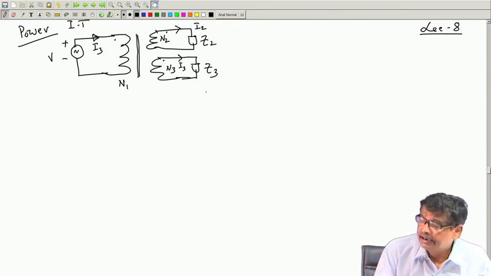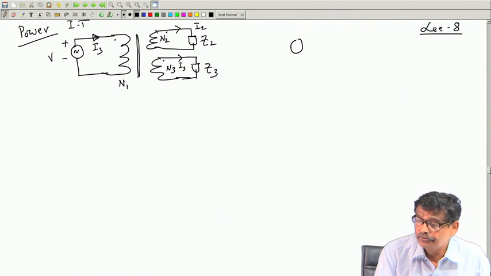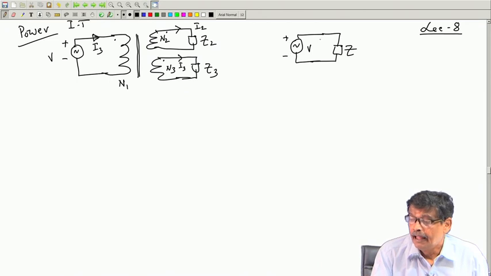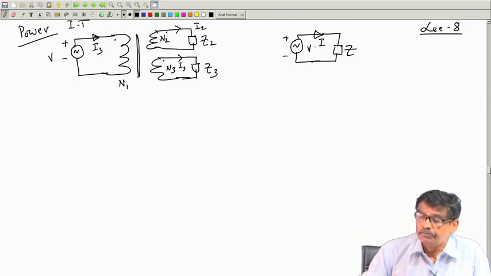And you know that in an AC circuit, suppose you have a source and you have an impedance here, Z, a source is there, V, and this is suppose the current. The direction of the current I have assumed.